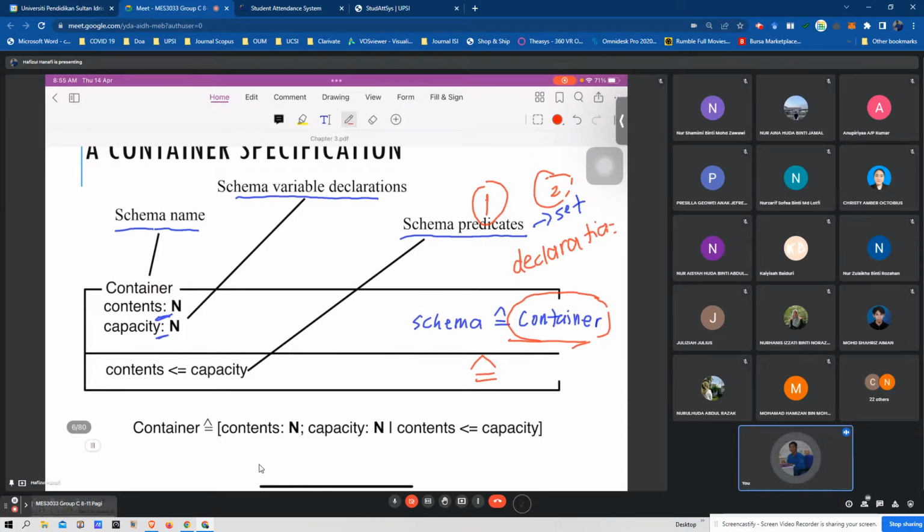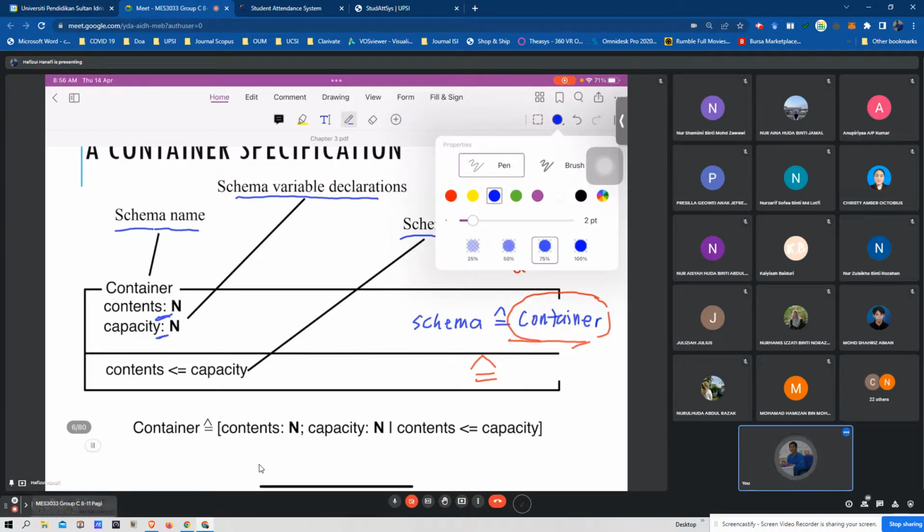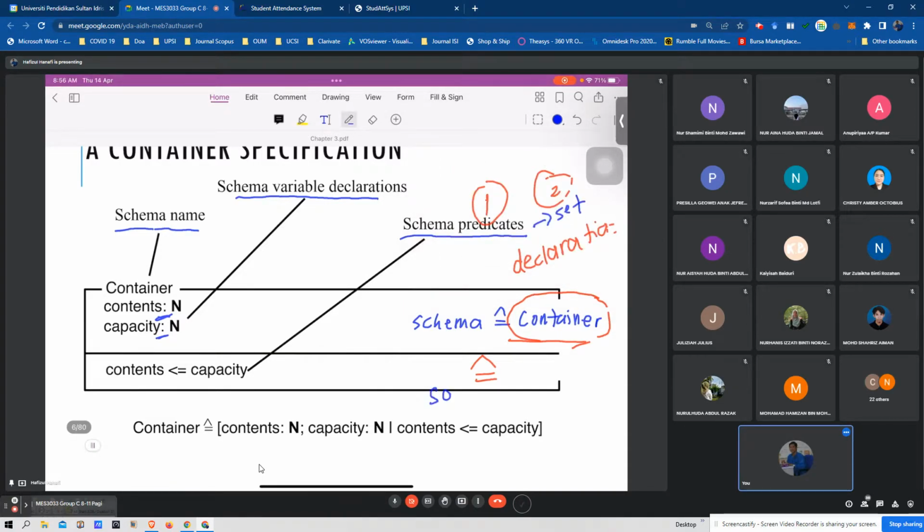Two schemas are set equivalent if they declare the same set of identifiers with the same type and impose logically equivalent constraints upon them. Macam mana kita nak gunakan ni equivalent ni? If it says that they have the same identifier, same type, and impose logically equivalent constraints.